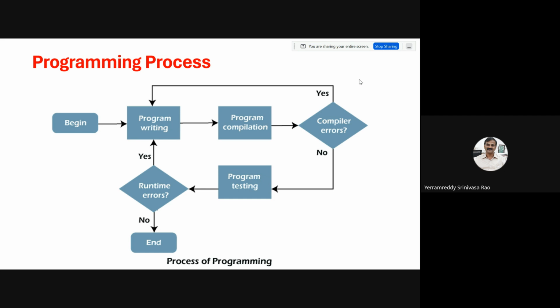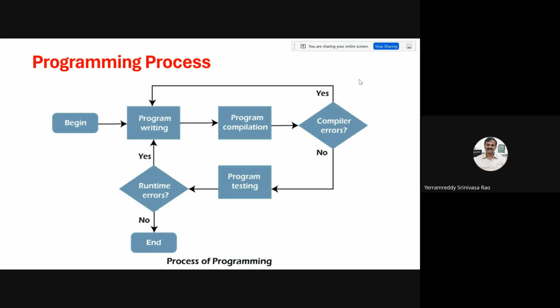Instead of writing in a script, you can also write this program diagrammatically, what is called a flow diagram. Like in this slide, you can see a flow diagram showing how to start, just think of the starting point, from where to start. Once it starts, one instruction after another is processed.